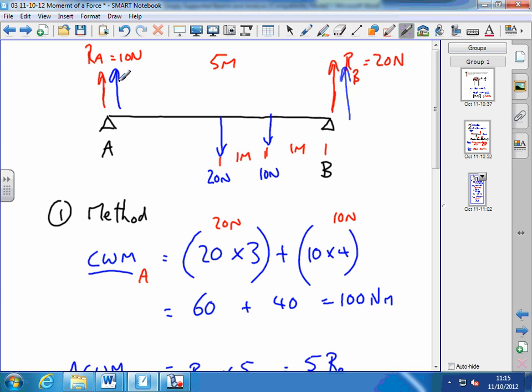I would say that the danger with that is if you get this wrong, then you're going to get that wrong too, aren't you? And if you're doing a real problem and you haven't got a lecture in front of you to say yes, that's right or wrong, I would actually use rule 1 as a check. So I'd do exactly what you've done, and then now that I've got my two answers and total up equals total down, I can be fairly confident I've done it correctly. So don't automatically just use rule 1 for the other one, because that could be used to check you've not made a mistake. Okay.